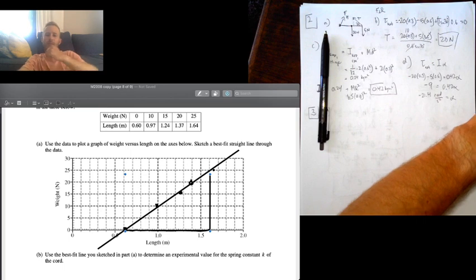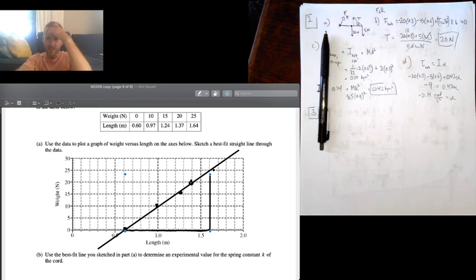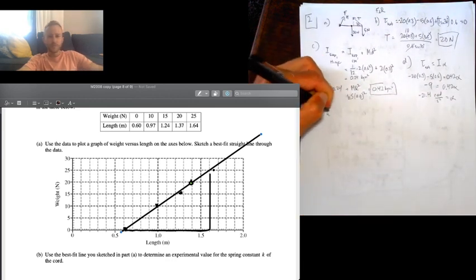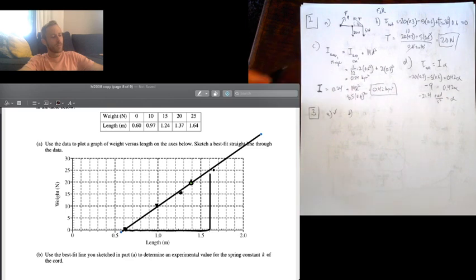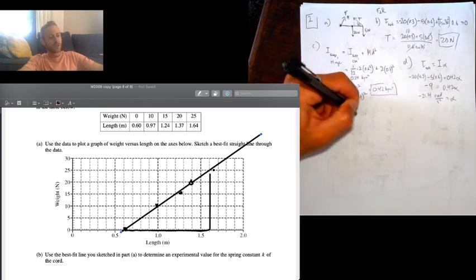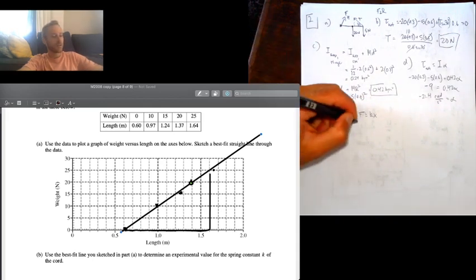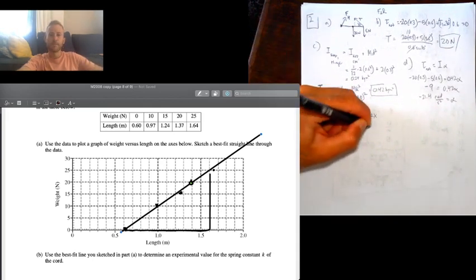Look at it, it's about 25 over 1. So the slope is about 25. Now F equals kx, so the slope is just k. That means that k equals 25 newtons per meter.